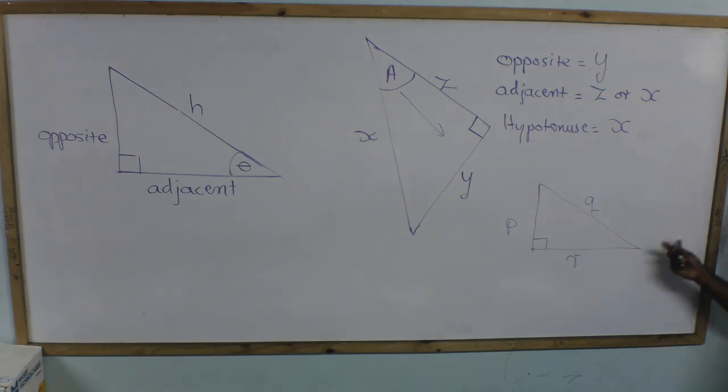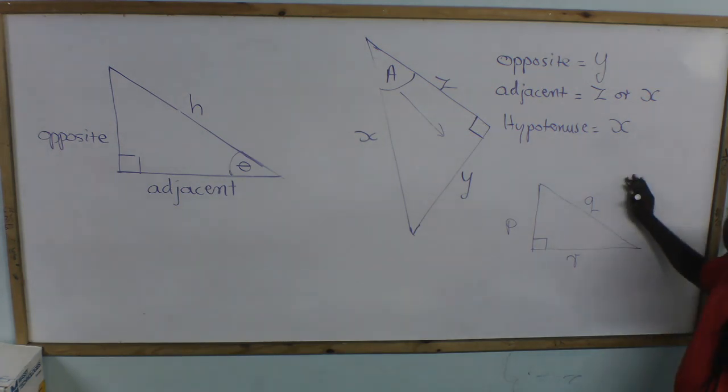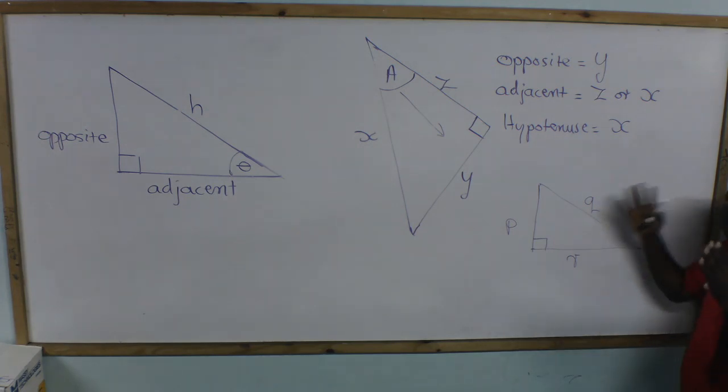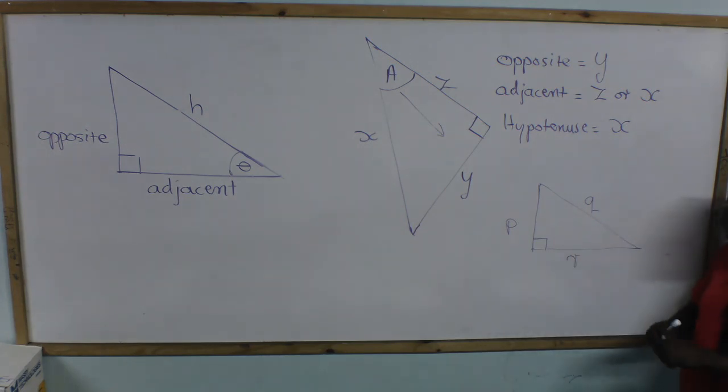It's the same thing in your everyday life. If someone said identify the opposite side or the adjacent side, you should not really be able to do that unless you have some angle. In this particular case, it's an angle to say that it is opposite to that angle or it is adjacent.